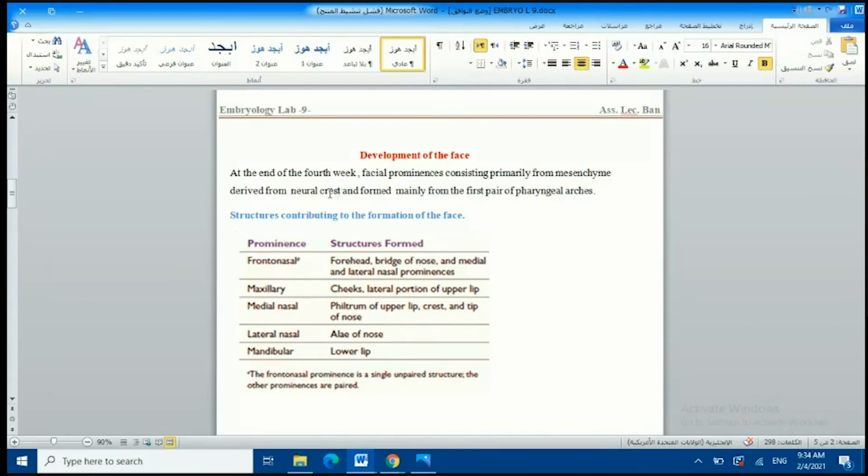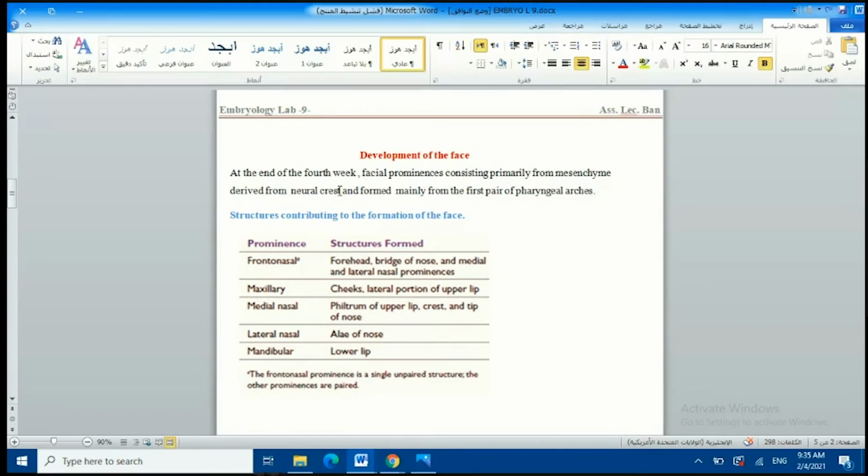I mentioned neural crest cells, and I said they are a kind of cells that migrate and become specialized into structures in the face and other structures. Not just in the face, other parts of the body also, especially in the head, and they are formed mainly from the first pair of pharyngeal arches. Okay, the pharyngeal arch number 1 and 2, especially the number 1 first pair, form the prominences that will form the structures in the face.